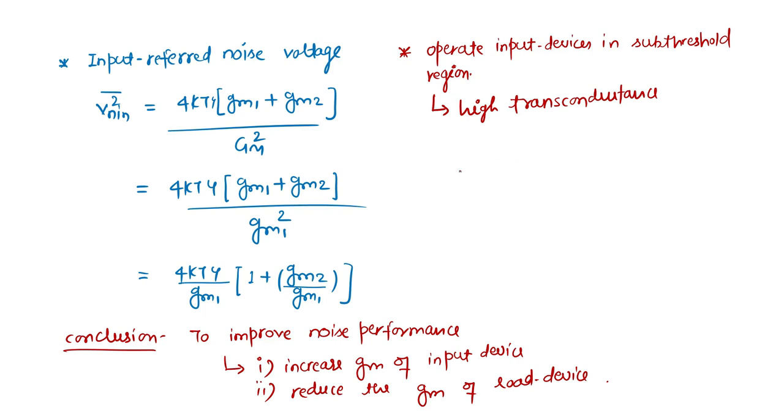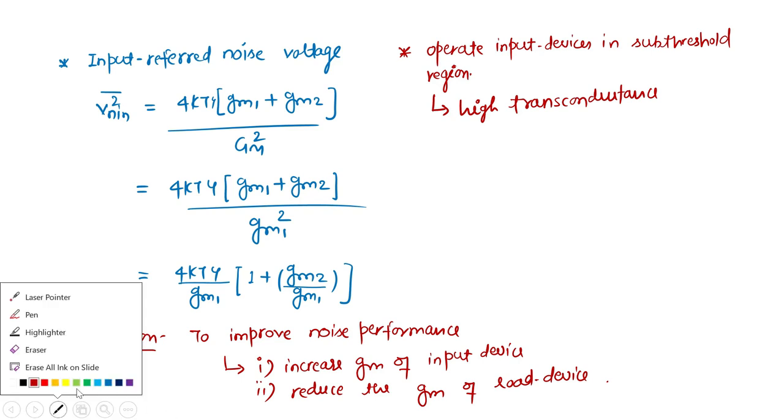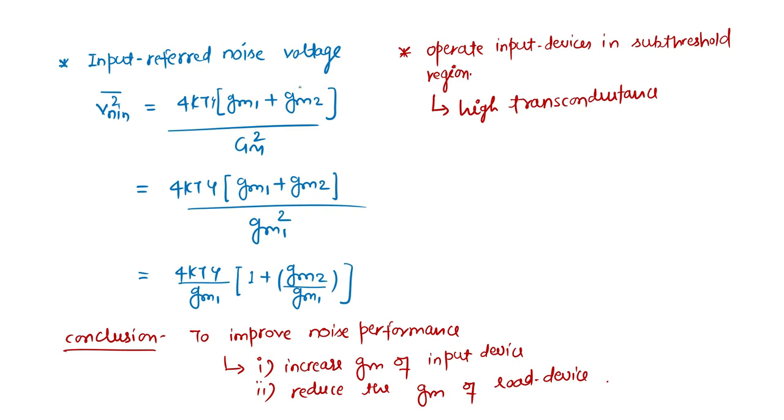How can we reduce the GM? There are a few relations of the GM. If you want to analyze, you can see on your own, but I am just giving some conclusions here. GM is 2ID by V overdrive, keeping W/L as some fixed value. I'm not writing what GM is in terms of W/L, but for reducing the GM, we can increase this overdrive.